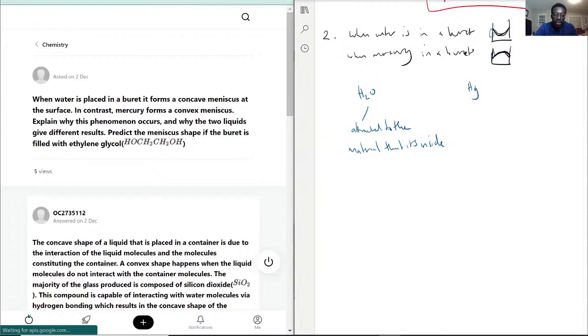And in this case, it's a burette, okay? So in a burette, it doesn't really tell us what the material is made of, but we do know that because it forms a concave meniscus, that has to be it.